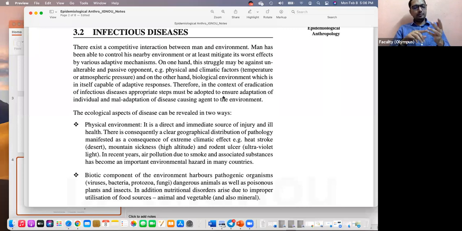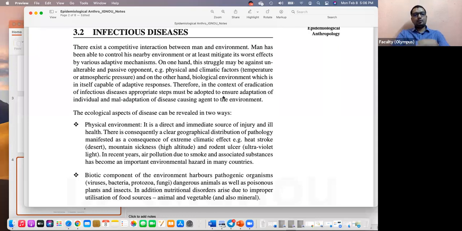So the social well-being, mental well-being, as well as the physical well-being of an individual define his health status. In that sense, he is considered to be healthy. This is the WHO, World Health Organization, definition of health.